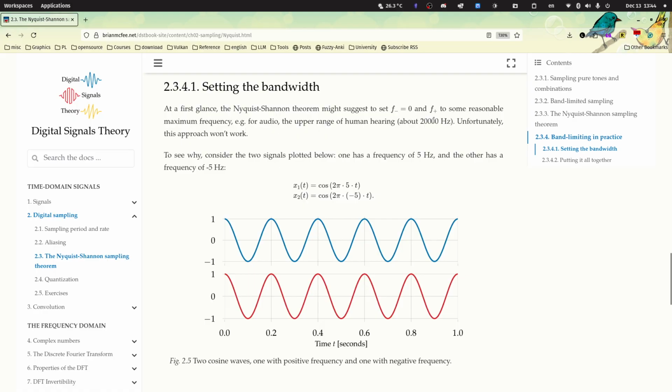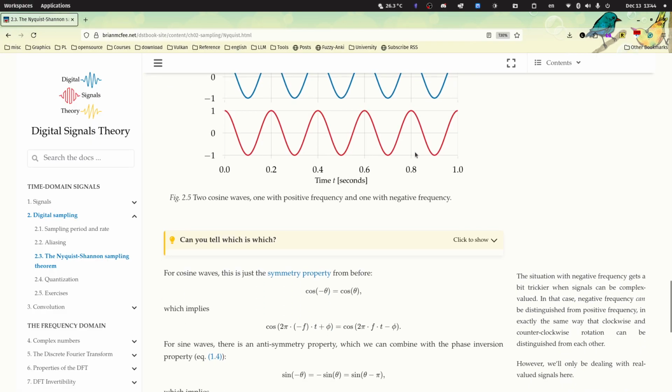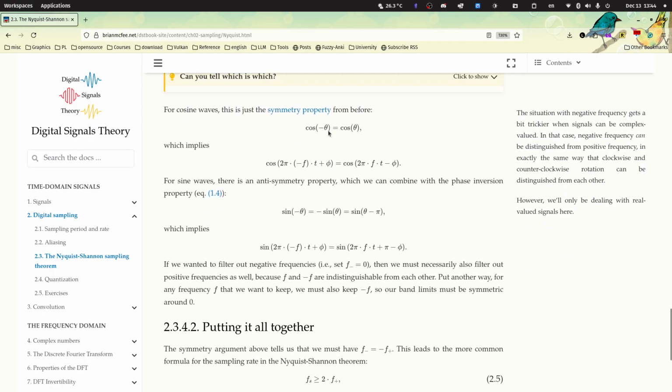But unfortunately, that doesn't work because the minus frequency and the plus frequency are basically the same, because of the law of cosine. Or if it's sine, then it's just flipped, or phase shifted by minus pi.